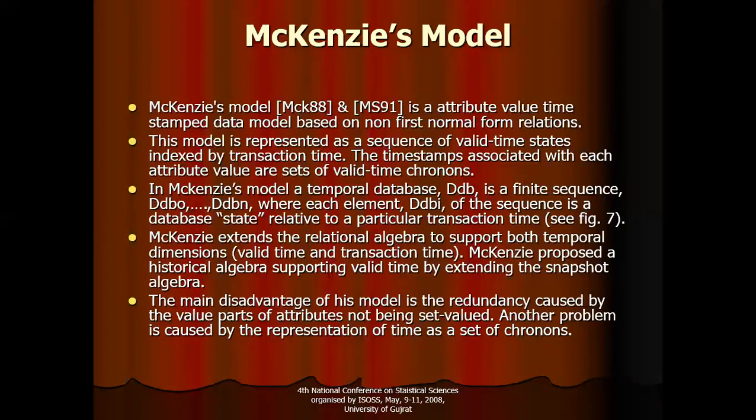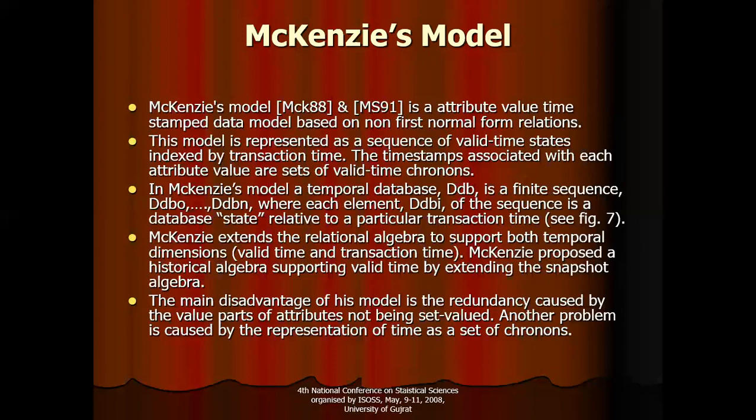For example, we are dealing with temporal join, which is not defined in the classical relational algebra. So here he proposed the complete algebra as well, that is, how his model works, how tables will be manipulated, how the data will be retrieved from the database, and how it can be processed.